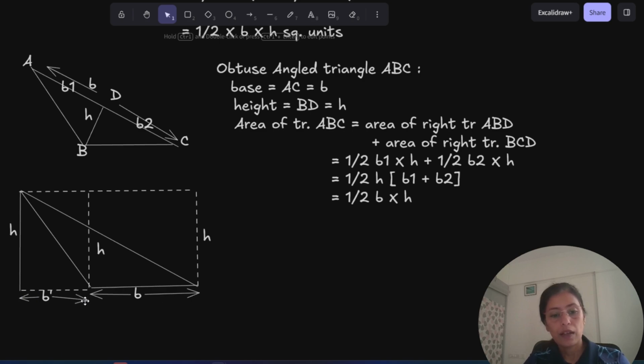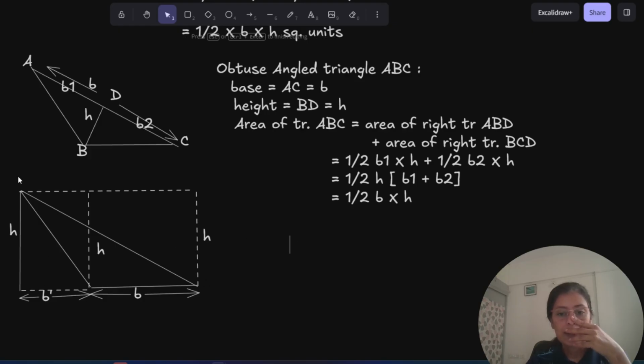Okay. I hope you understood, even though my arrows are tilted, right? So in this case, this is B dash and this is B.